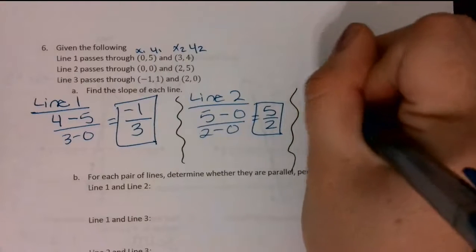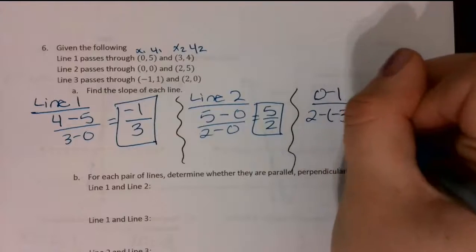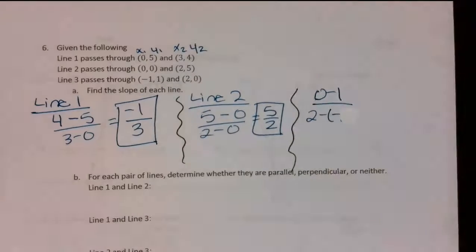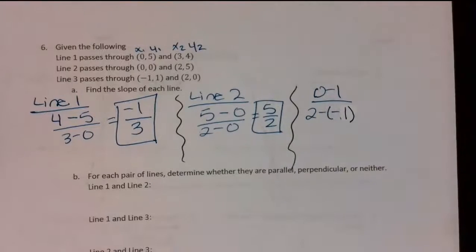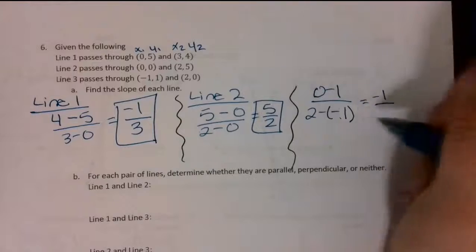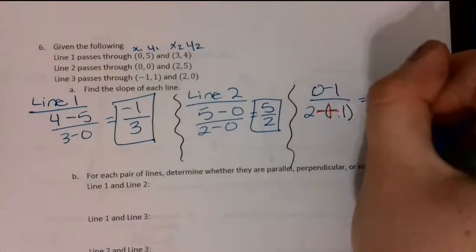I have 0 minus 1, 2 minus negative 1. Remember, when I put it in the formula and there's already a negative, I have to have the double negative so I get the signs correct. 0 minus 1 is negative 1. 2 minus negative 1 is the same thing as saying 2 plus 1. So I have this over 3.